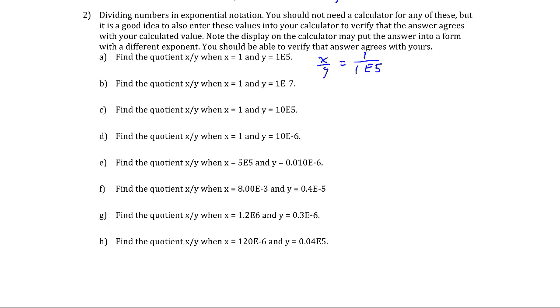Basically I'm going to be dividing the mantissas and taking the exponents and making a fraction out of them. When I bring the exponent in the denominator up to the numerator, it changes sign. So all the exponents on the y's are going to change sign as I bring them up to the numerator.